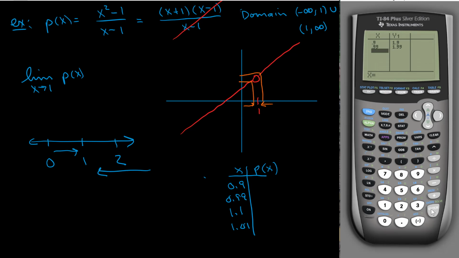Coming in from the left-hand side, it looks like I'm going to 1.9 and 1.99. If we were to continue this, it looks from this side like we're headed to the value 2. Now, moving in from the right-hand side, we're going to use something like 1.1 and 1.01.